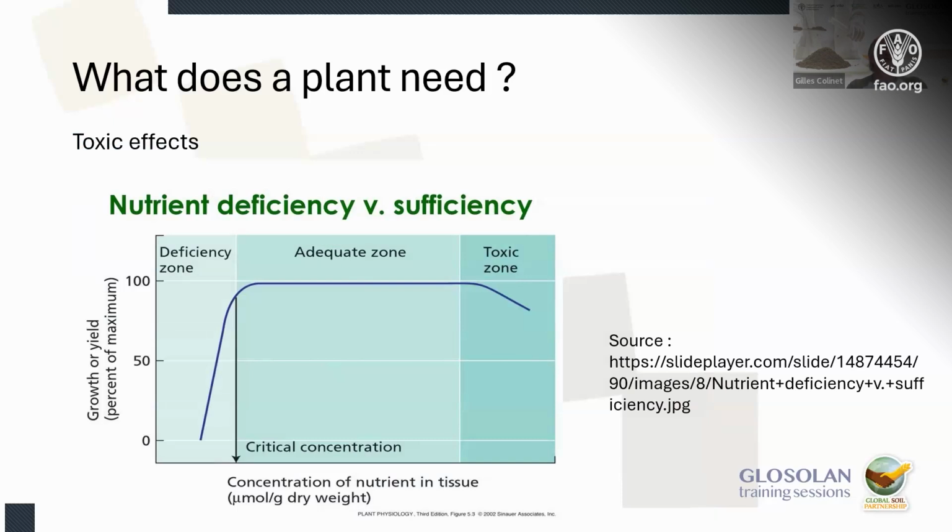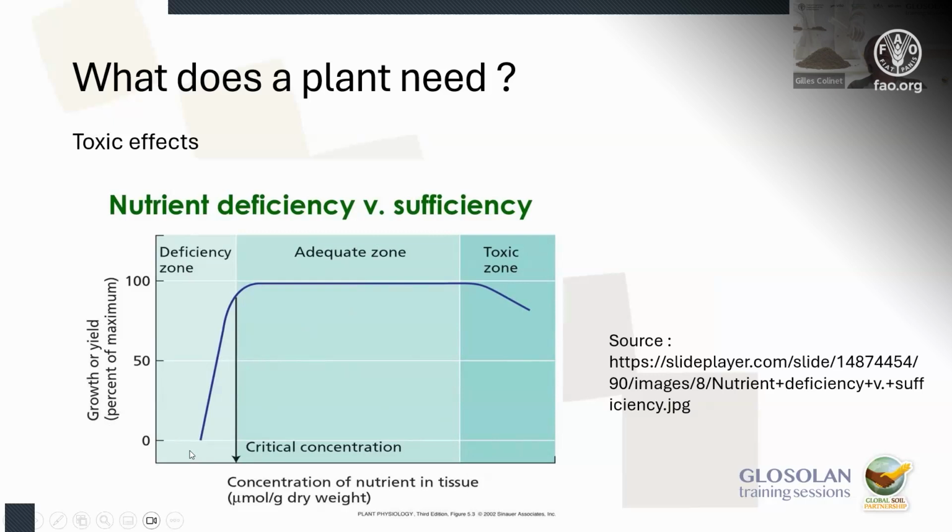The idea is to represent, and thanks to the experimental trials in the field you define this kind of figure, that you measure the growth. You can have a measure of the growth or the yield of the plant regarding the concentration of the nutrient in the tissue.